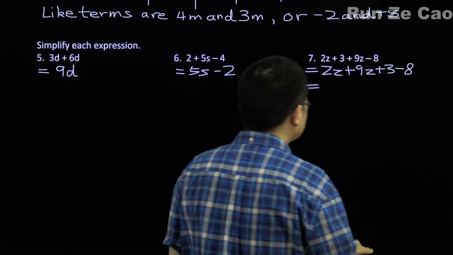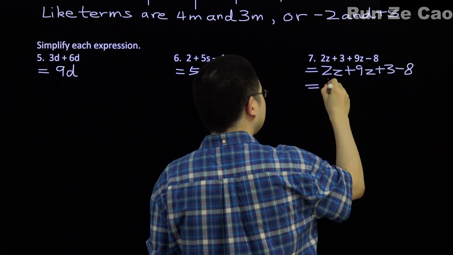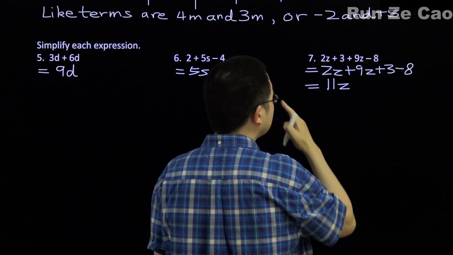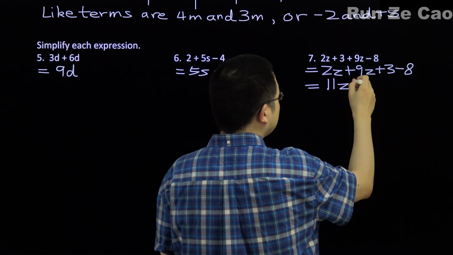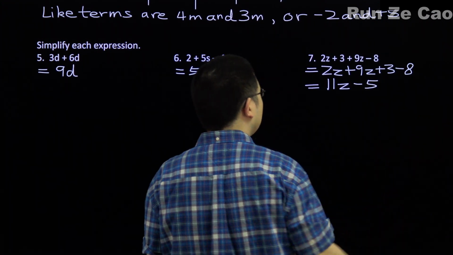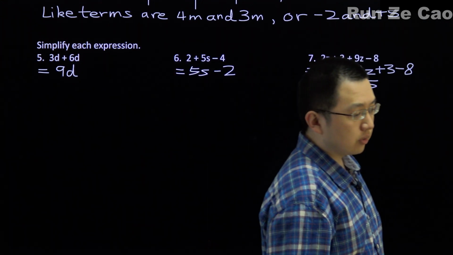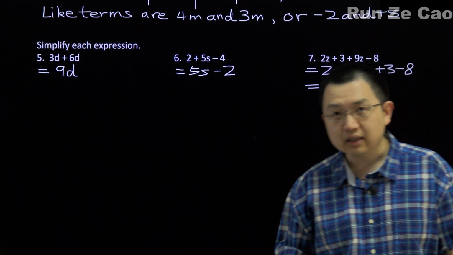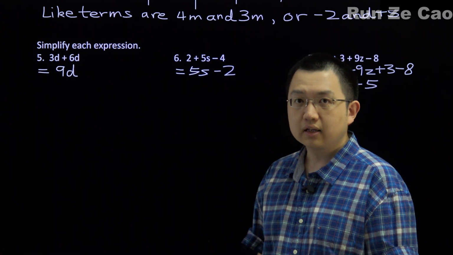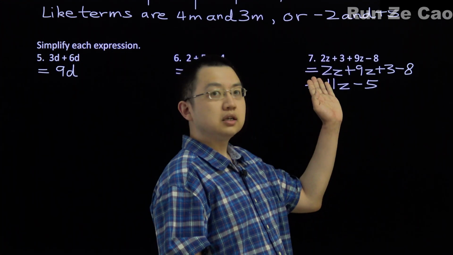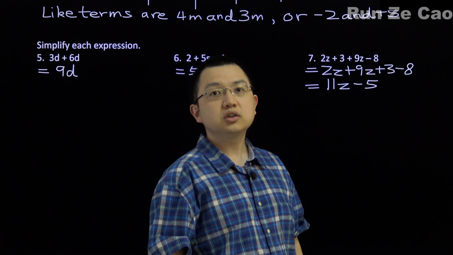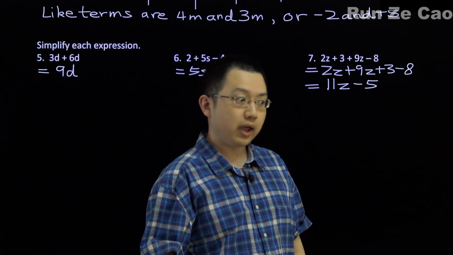It's okay. Just make sure you get it right. That's the important part. So it's 11z plus 3 minus 8. That's minus 5 overall. So as long as you make sure you get your calculations right and you get your answers right, it's fine to take a step that could be abbreviated away.